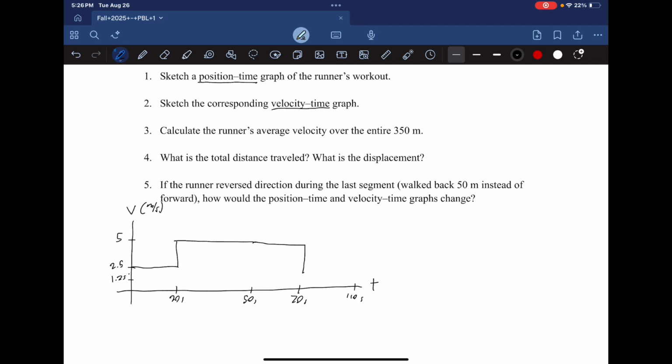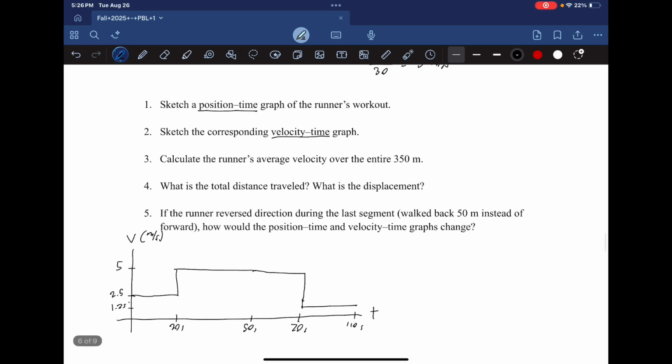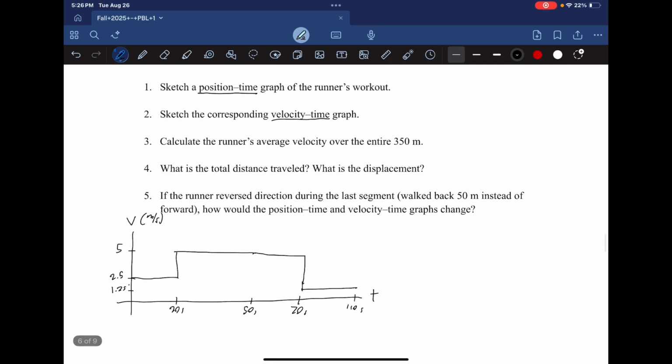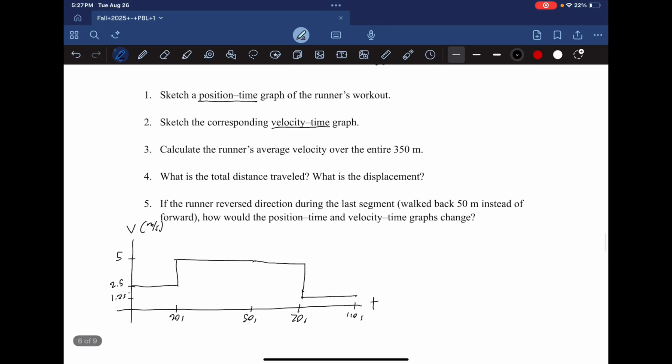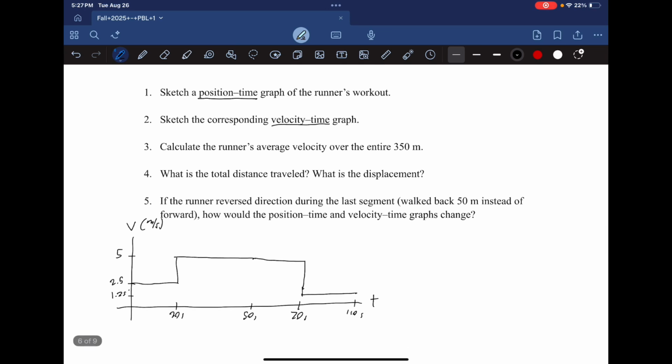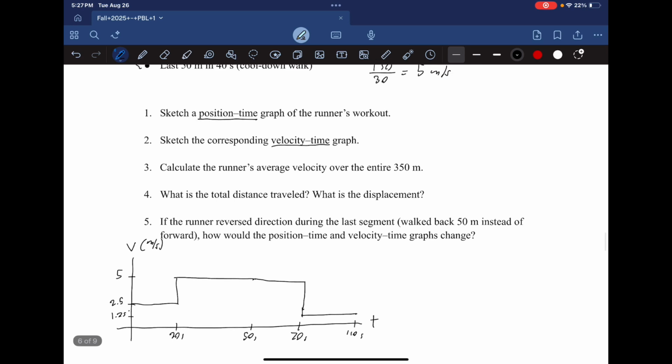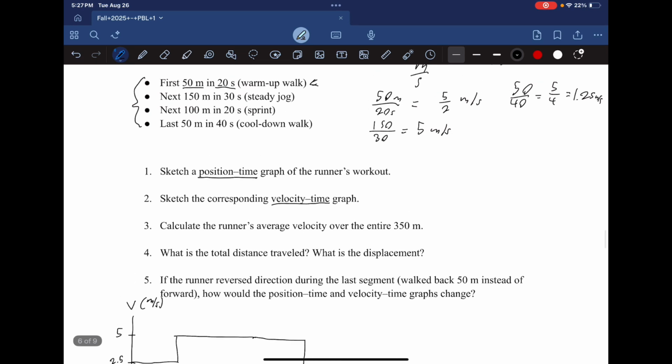So he drops down all the way to 1.25. He continues like that. When you have constant velocities, you're going to get these straight lines a lot. It looks a little bit weird, but I promise that this is how it is supposed to look. So now it wants us to calculate the average velocity over the entire 350 meters.